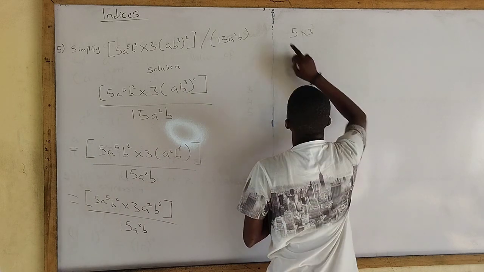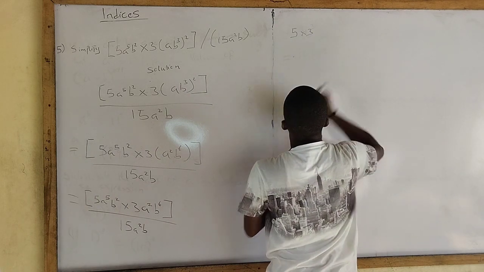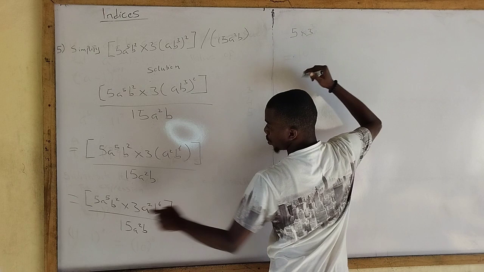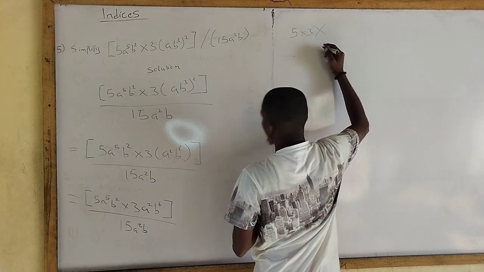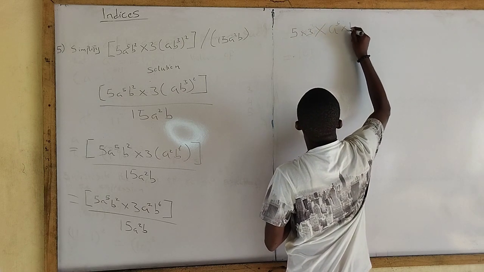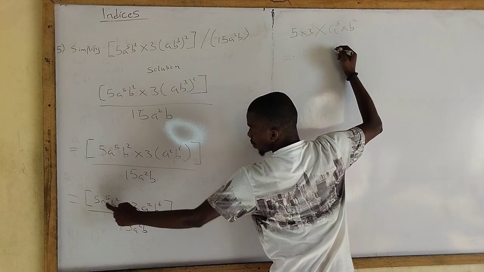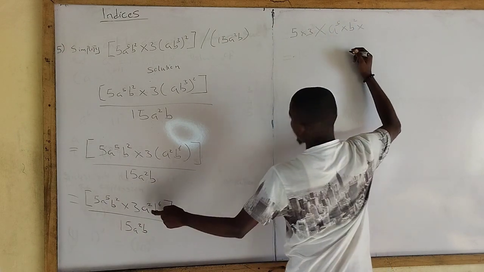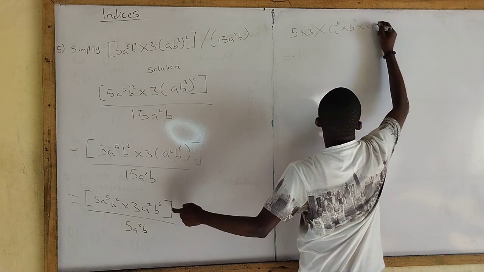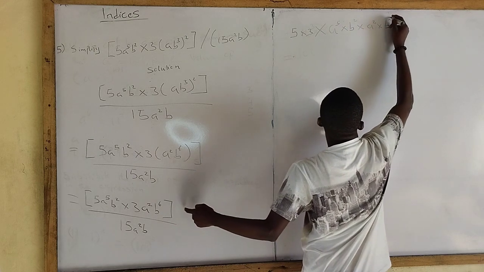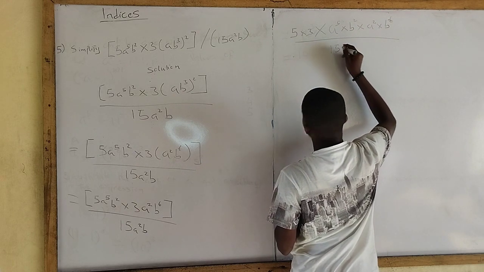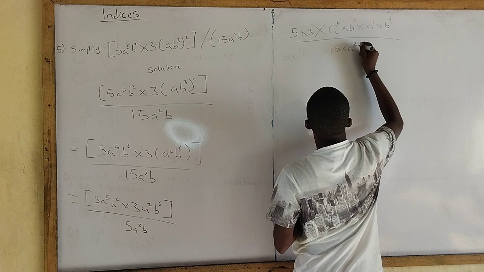So we have 5 times 3, times 5 times this 3 times a raised to the power of 5, times b raised to the power of 2, times a raised to the power of 2 times b raised to the power of 6, all over 15 times a raised to the power of 2 times b.